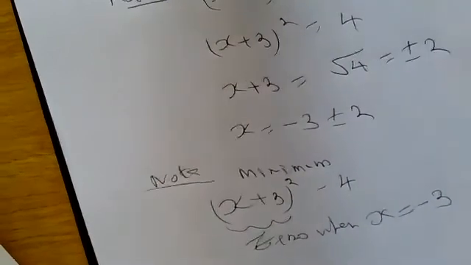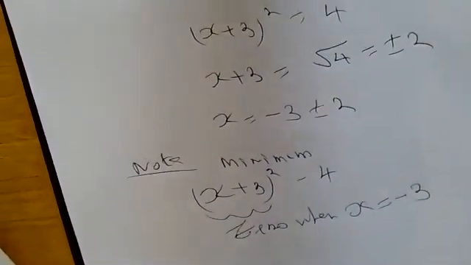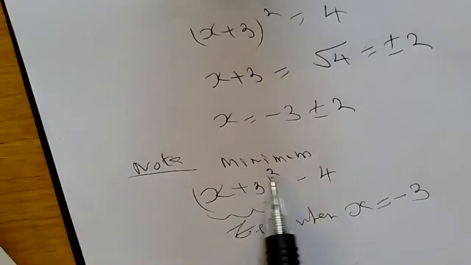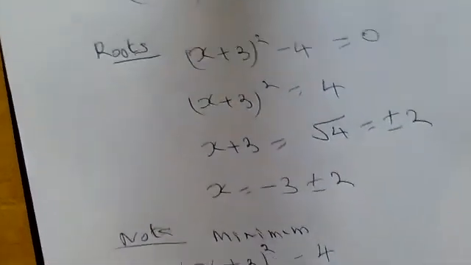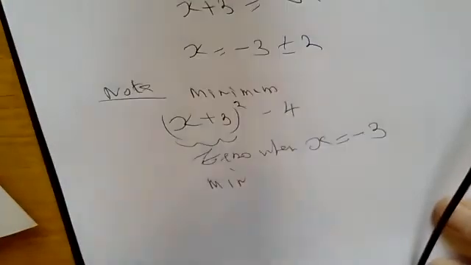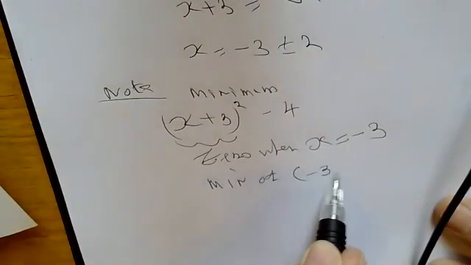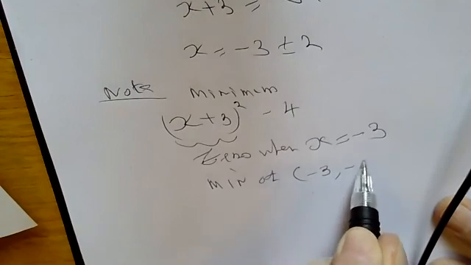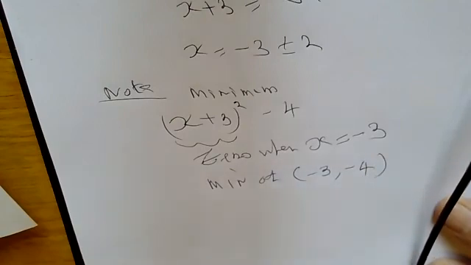So therefore, we're not adding in anything extra to the minus 4. So I could say there's a minimum at x is minus 3 and y would be minus 4 in that case. All done. That's completing the square.